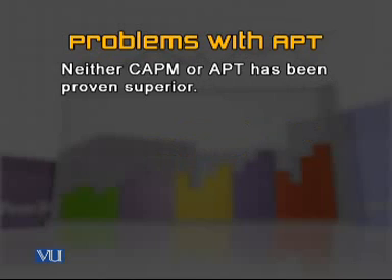Neither the capital asset pricing model nor the arbitrage pricing theory has been proven superior. None of them has been. There has been no decision on what to look at as the best alternative. No work has been done to prove that the capital asset pricing model is better than APT, or whether the arbitrage pricing theory is better than the capital asset pricing model. Why?